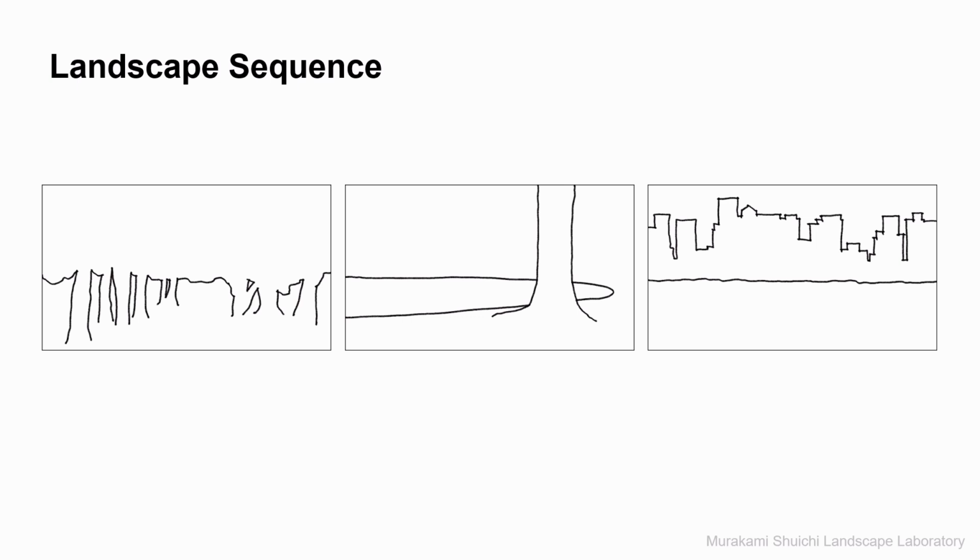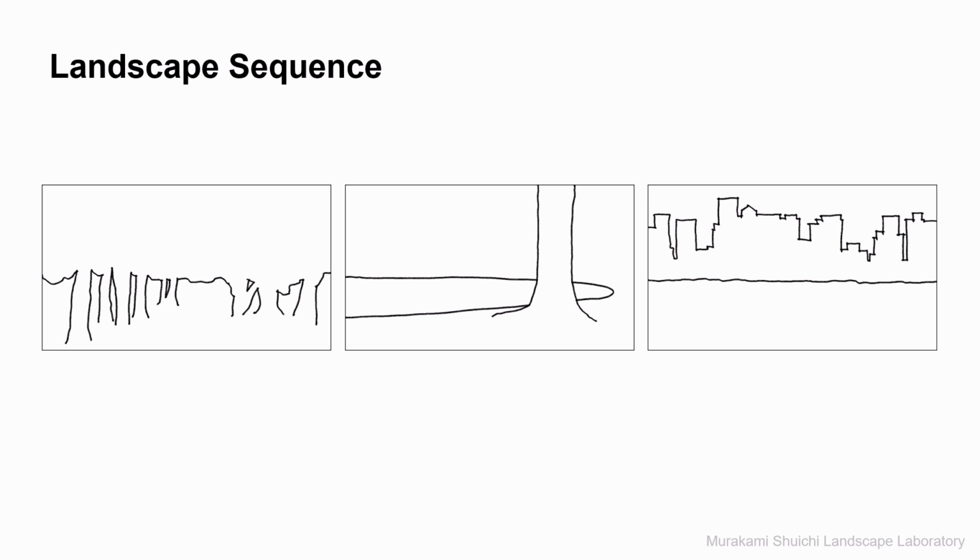When you hear this story, don't these sketches begin to feel like a frame-by-frame representation of a continuous landscape experience as I walked through? In this episode, we refer to this kind of landscape change experience through walking as a landscape sequence.